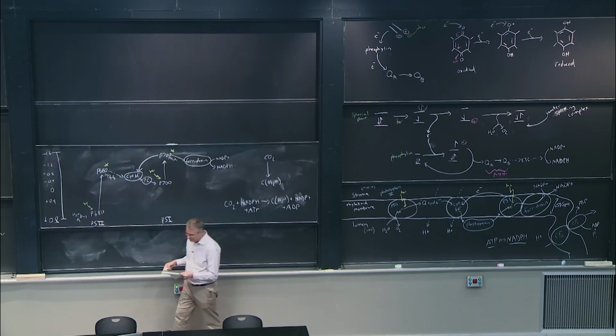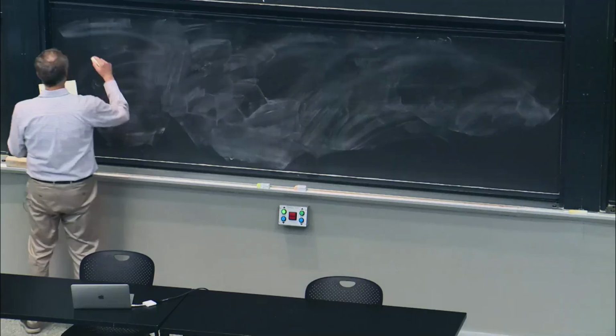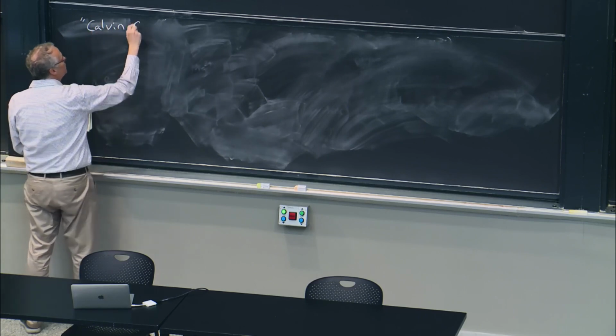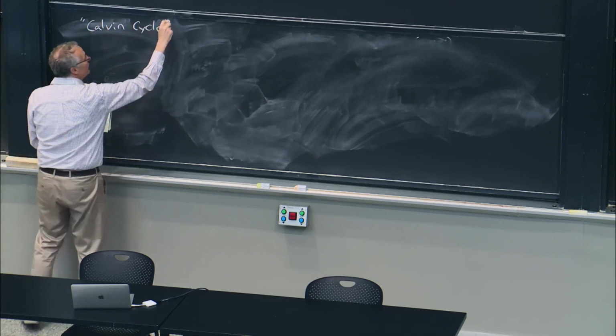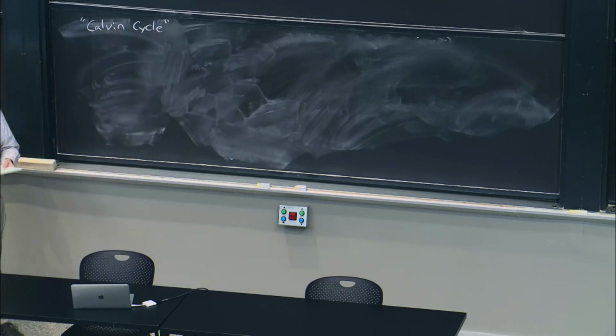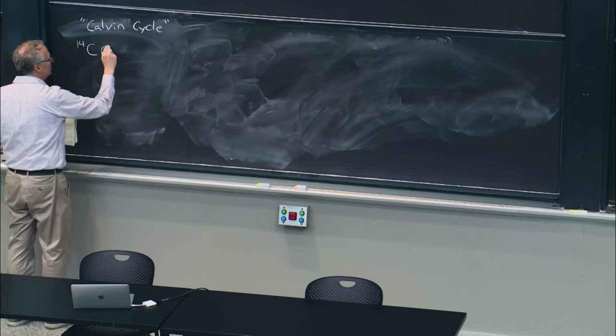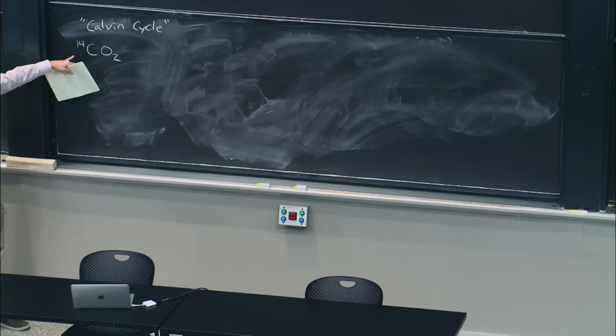Okay, so these dark reactions of photosynthesis were discovered in the 1950s by a gentleman by the name of Melvin Calvin. As a result, sometimes the dark reactions are referred to as the Calvin cycle to honor him as the discoverer. And basically, the experiment that Calvin did is he took carbon dioxide that was labeled with radioactive carbon, so C14 carbon dioxide.